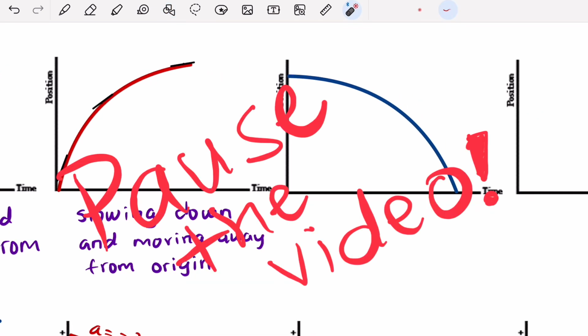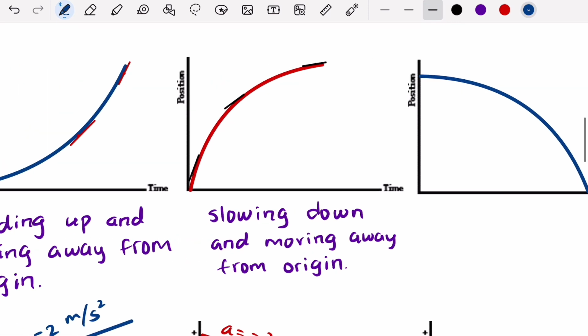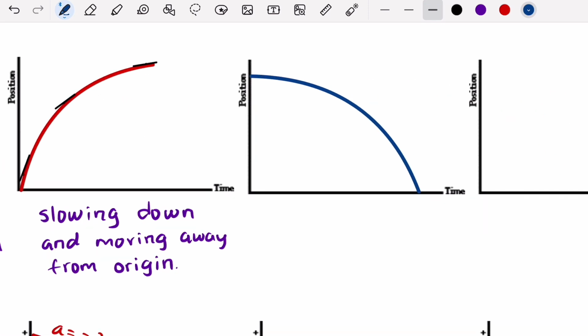Stop the video. Okay. So first of all, the object is starting away from the origin and then going toward the origin. So it's moving backward. Now, if we do the 3-point test, let me change color because I already used blue. If we pick those 3 points, notice how the slope is increasing negatively.